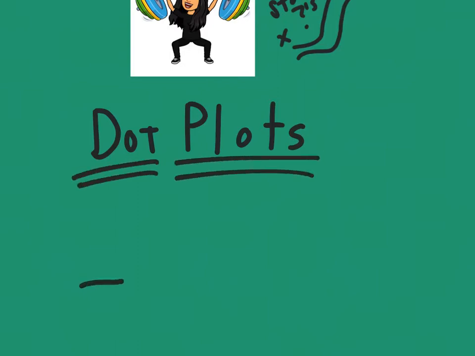Dot plots are very, very similar to what you would call maybe a bar graph when you have specific sets of data.